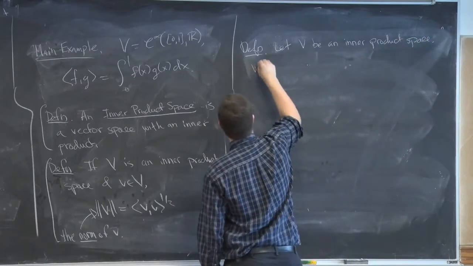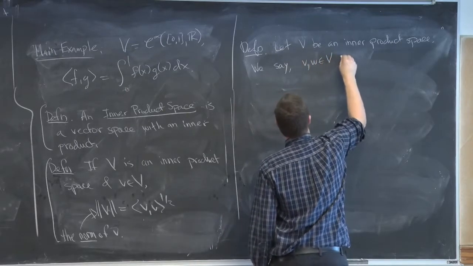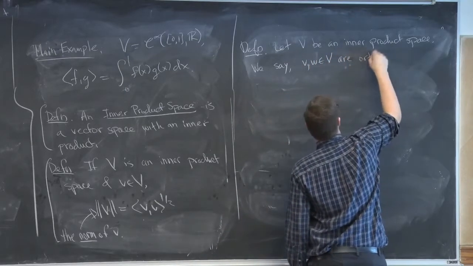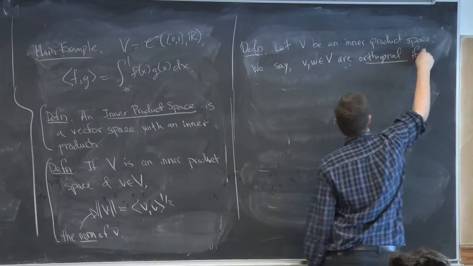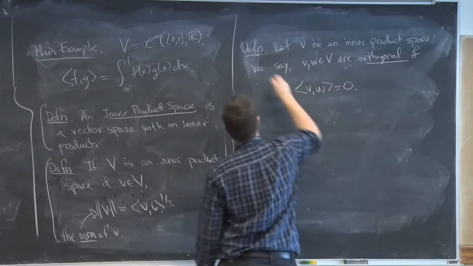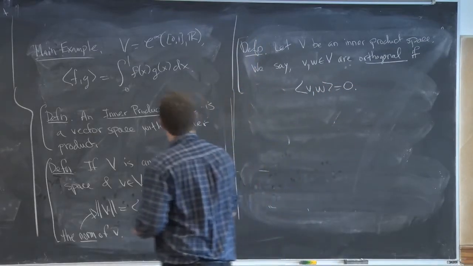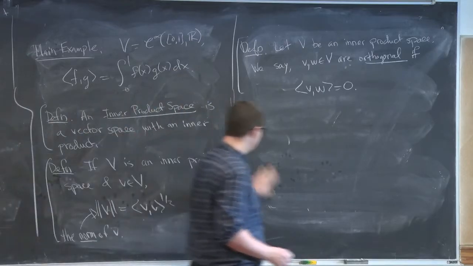We say that v and w in V are orthogonal if their inner product is 0. Let me give one quick example, and then I'll tell you a fact.